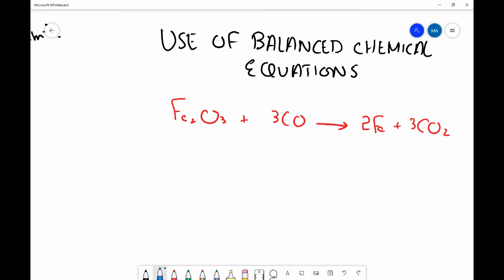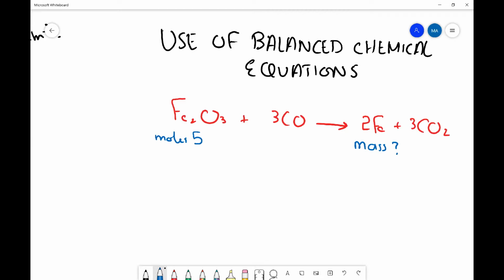So stoichiometry over here is that you identify all these coefficients properly. Let's say if I tell you to find the mass of Fe, mass here is question mark. And let's say if I tell you that the moles of Fe2O3 are 5.